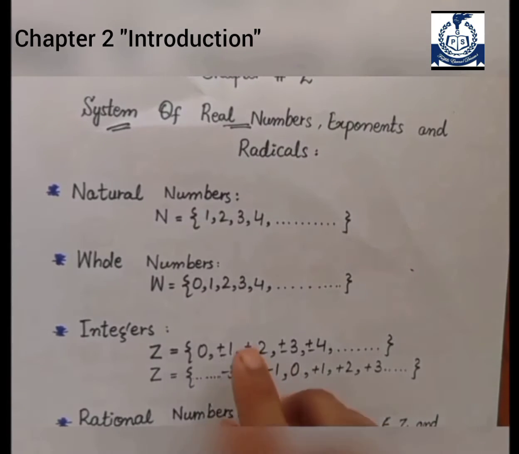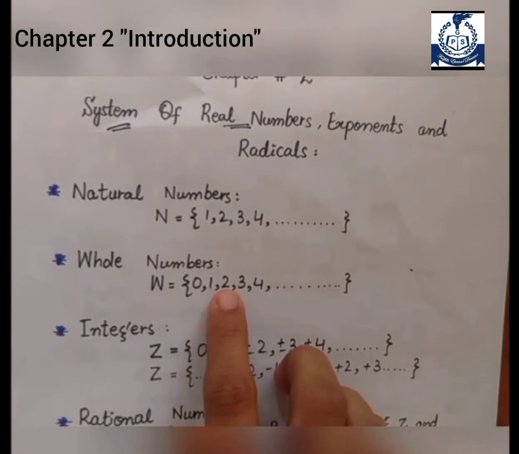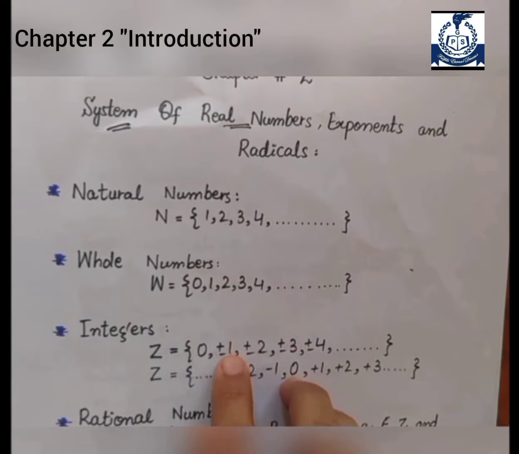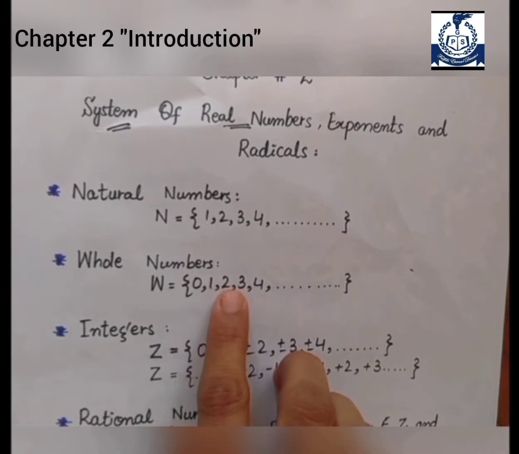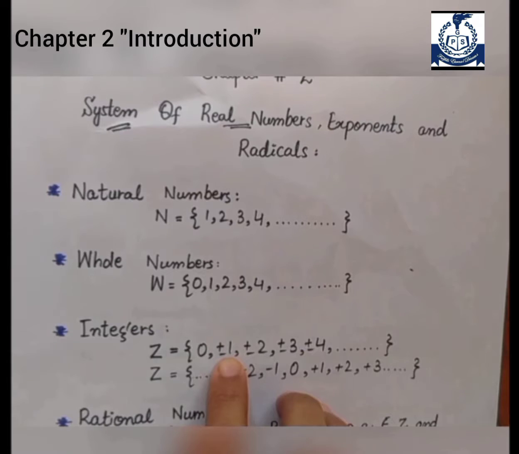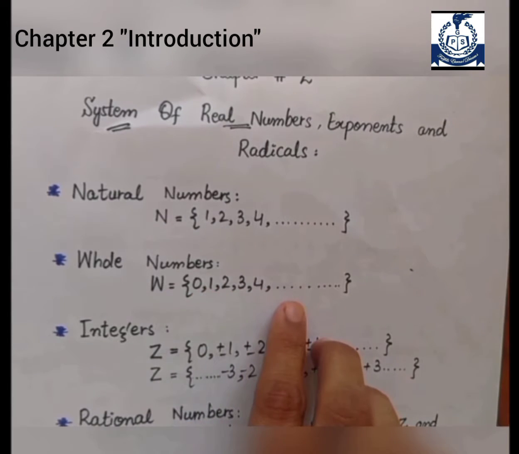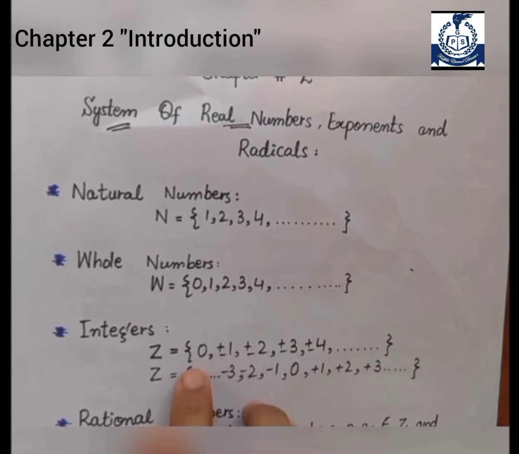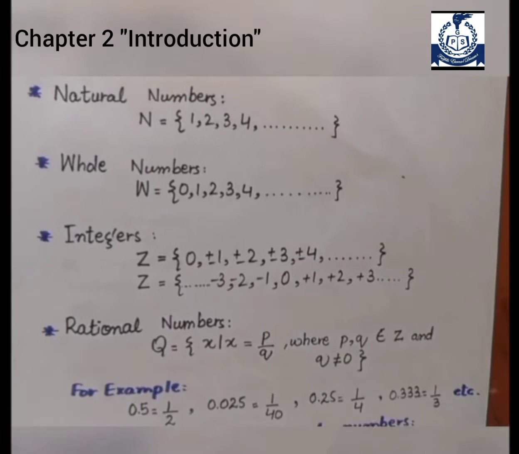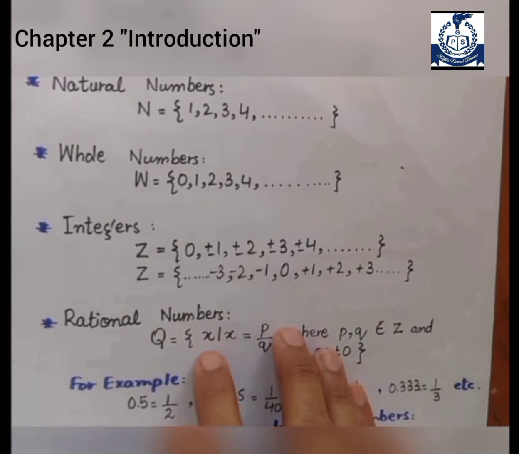We can write in both forms. Whole numbers start from 0 but only in a positive form. Natural numbers start from 1 but only in a positive form. And integers start from 0, 1, 2, 3, 4 but have numbers in both positive and negative.